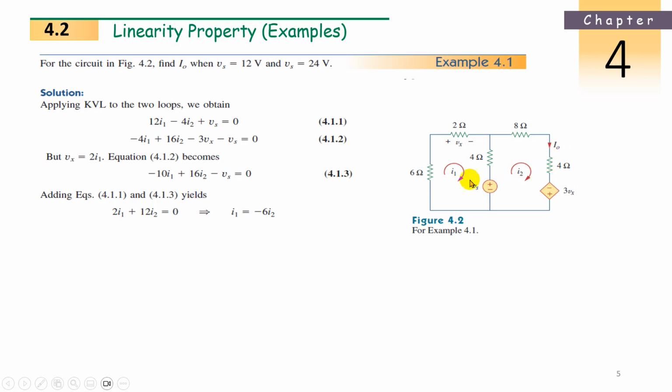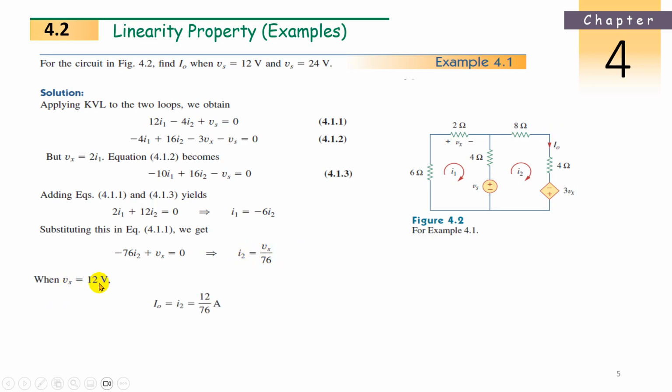I2 is nothing but I0. Now, if you substitute this I1 in the above equation, you will get I2 is equal to Vs by 76. Now I2 is nothing but your I0.